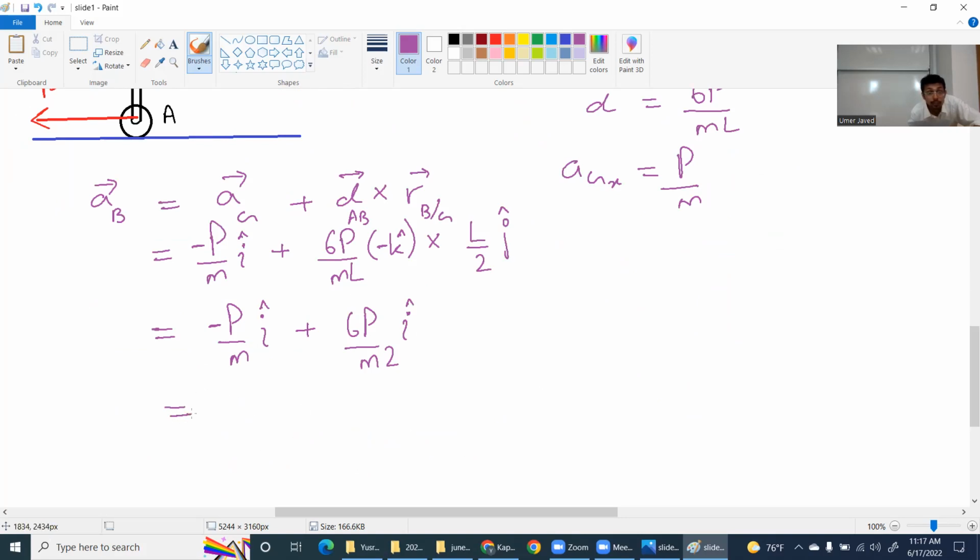So this is minus P over m plus 3P over m, which is 2P over m. I'm not sure why our notes has negative sign. You make a mistake. AG is negative.